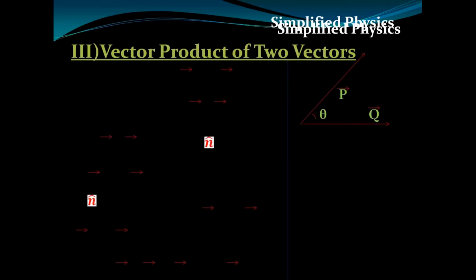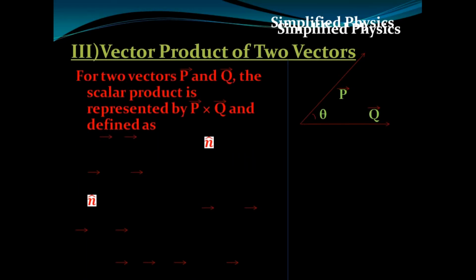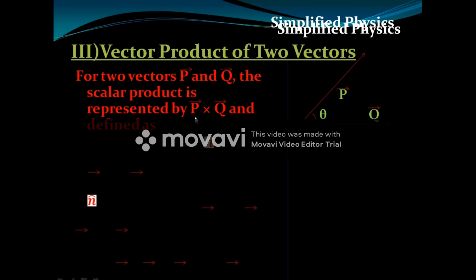And what about the vector product of two vectors? The vector product of two vectors is represented by p vector cross q vector, read as p cross q, and is defined as p cross q equals pq sine theta n cap.